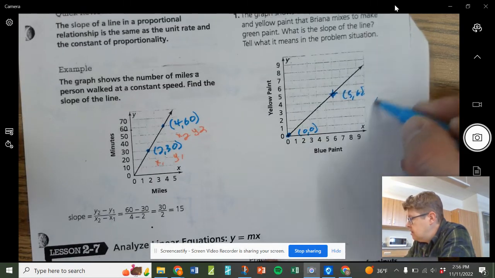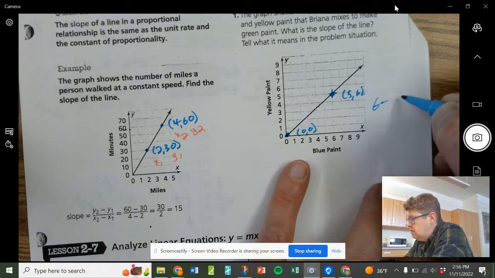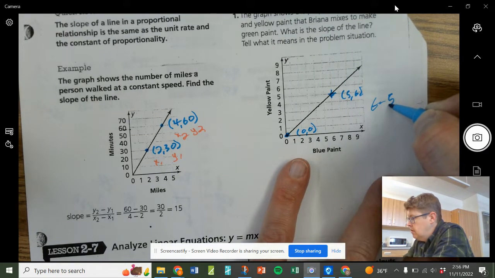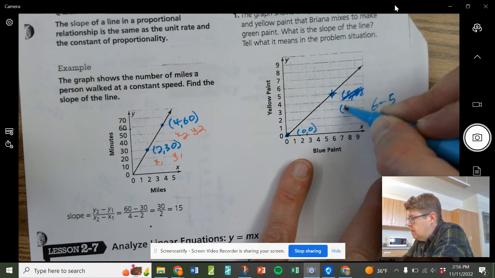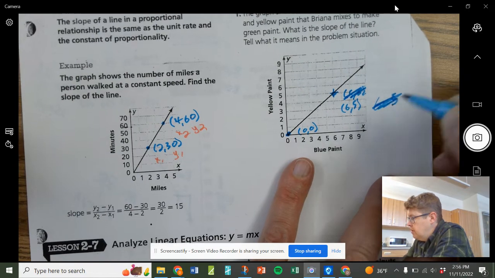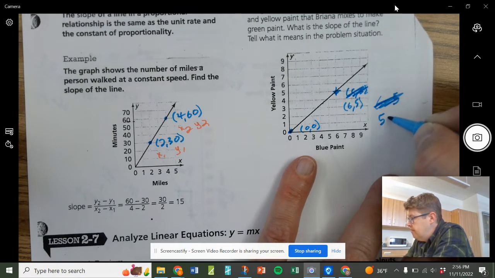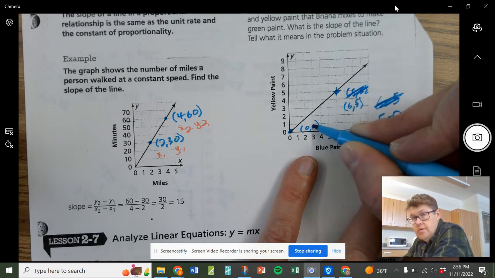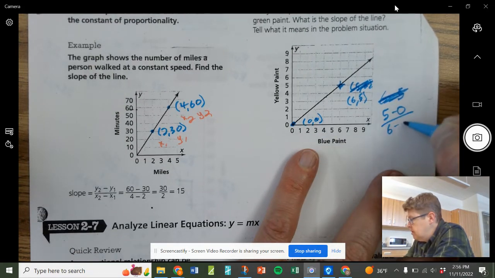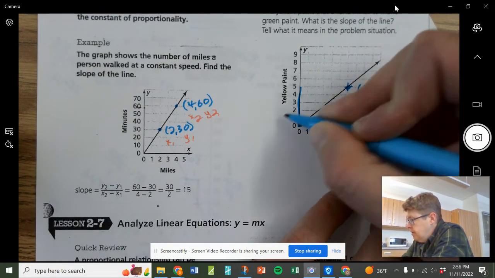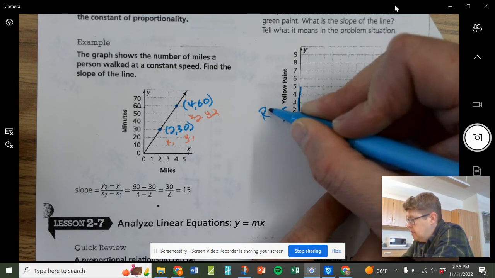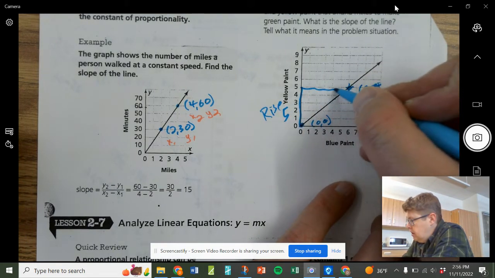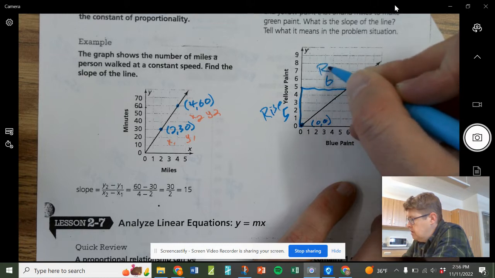It would be 6 minus 0. No, this is 6, 5. My bad. 6, 5, sorry. So it would be 5 minus 0 on top, and then 6 minus 0 on the bottom, which gives you a rise of 5 and a run of 6.